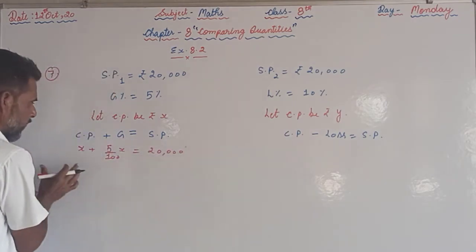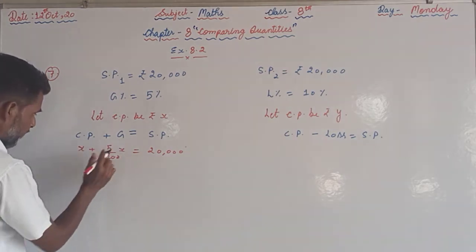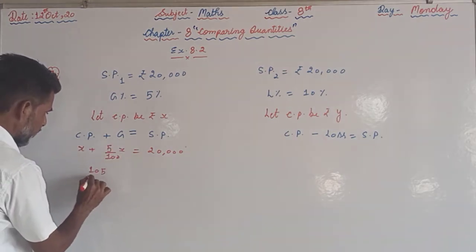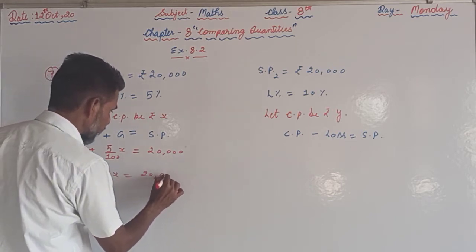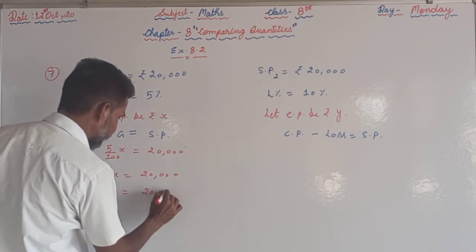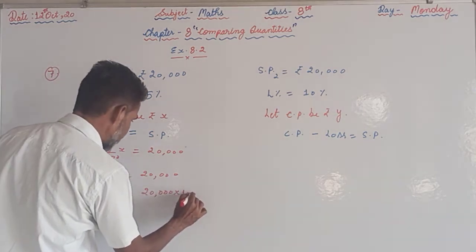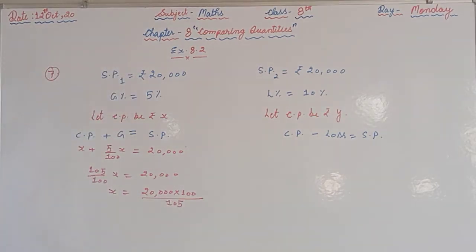20,000. From here we can see that 100 plus 5, 105 upon 100, X is equal to 20,000, and from here we can find X, that is 20,000 into 100 upon 105.